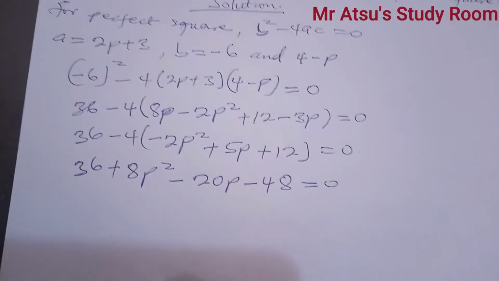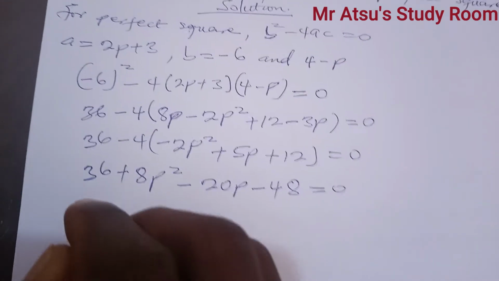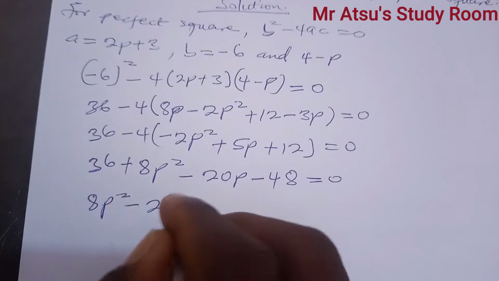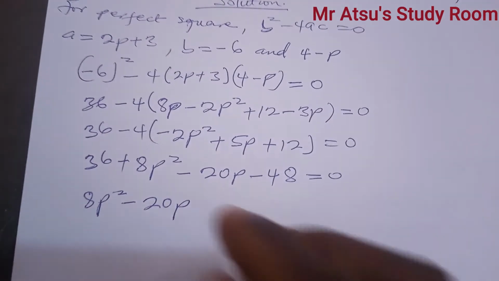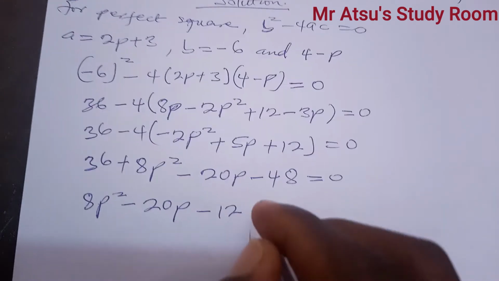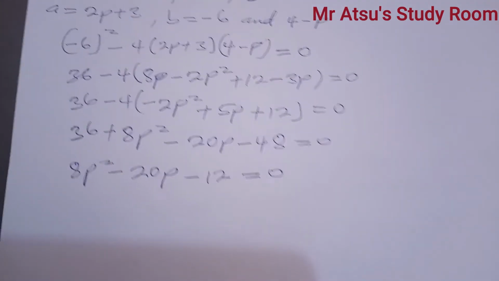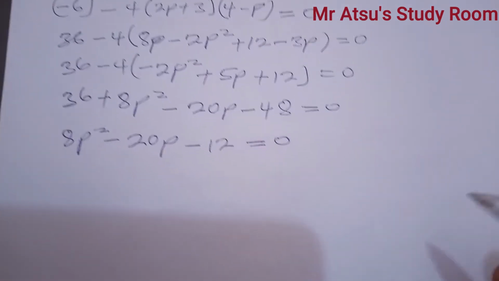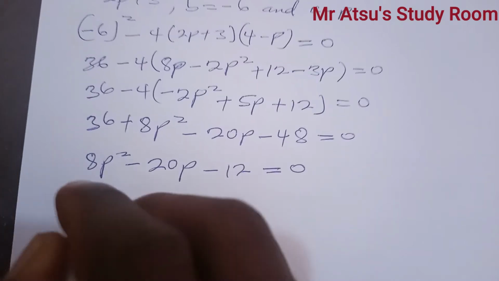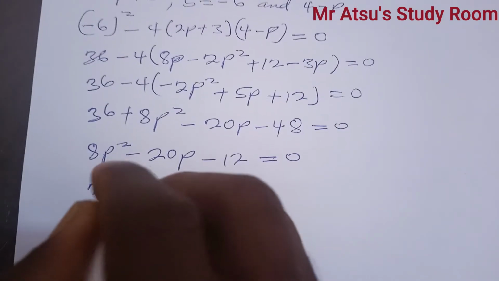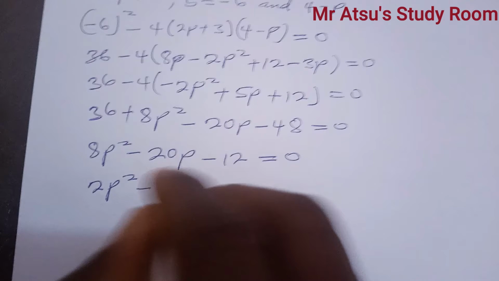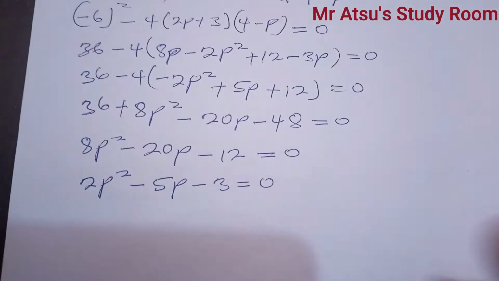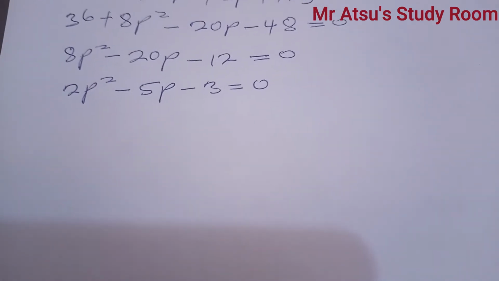Rearranging terms, you are going to have 8p squared minus 20p minus 12 equals 0. We can divide through by 4 to reduce the coefficient. So dividing by 4 will give us 2p squared minus 5p minus 3 equals 0.